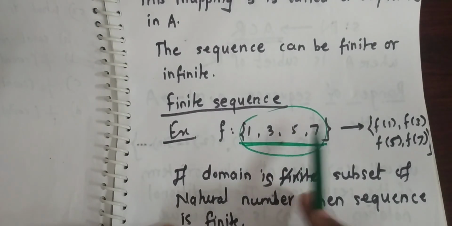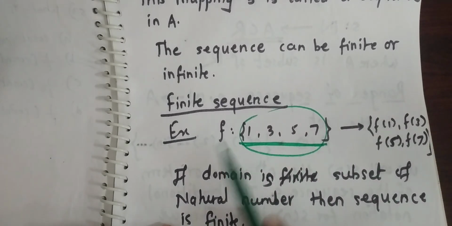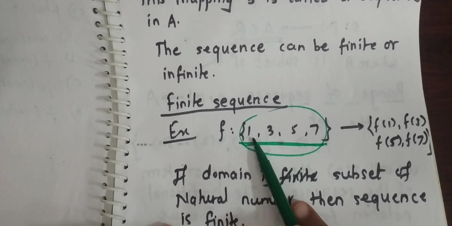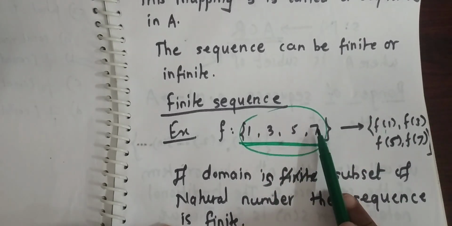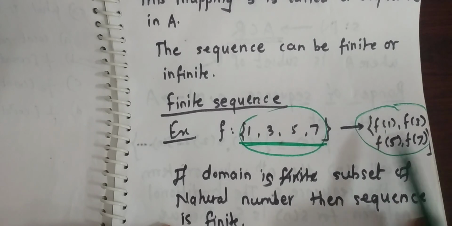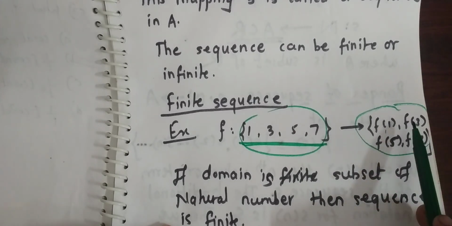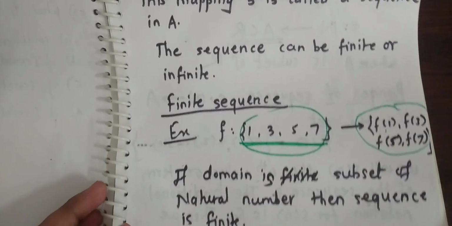What is the range of this finite sequence? The image of 1 is f(1), the image of 3 is f(3), the image of 5 is f(5) and the image of 7 is f(7). So the range is also finite, and the codomain is also finite. Remember, the range is a subset of the codomain. If the domain is a subset of natural numbers, then the sequence is finite.